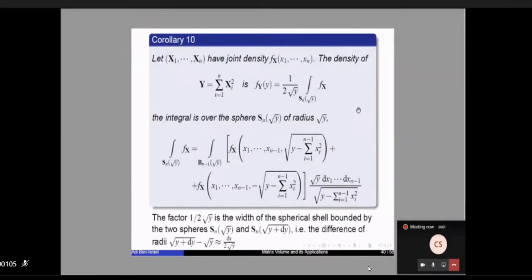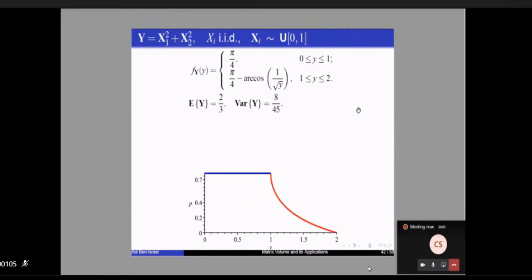Okay, this completes this result, and now let's look at a strange example. I calculate here y as the sum of squares of two independent, identically distributed random variables uniform in 0, 1. And here is what the density looks like.